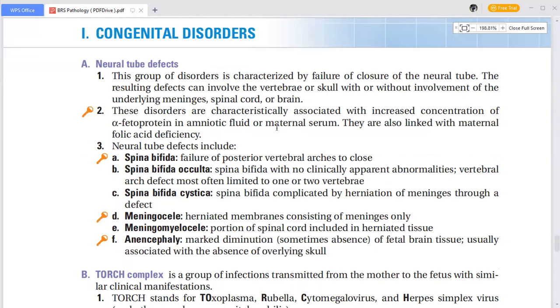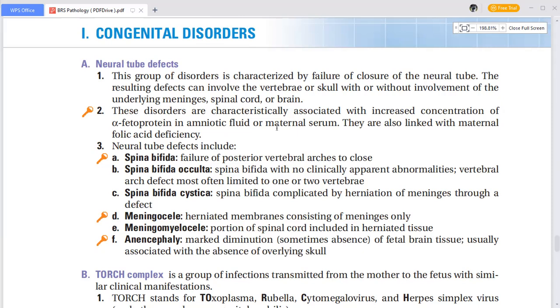When they come to the hospital, you do the test of alpha-fetoprotein in the amniotic fluid or in the maternal serum, in the blood of the mother. You'll find that it will be highly elevated, or increased. That will give you a hint of what is going on in the mother, in the fetus.